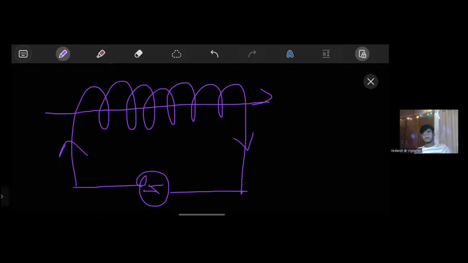In the same way, if I apply a galvanometer over here, this would deflect towards this side. Suppose this is the neutral position of the arrow, it would deflect towards this side because this is the direction where current is flowing. Similarly, if I reverse the current, it would be like this. And if there is no current, it would be like this.